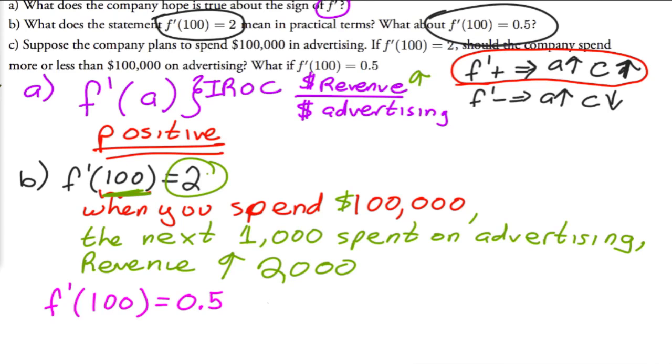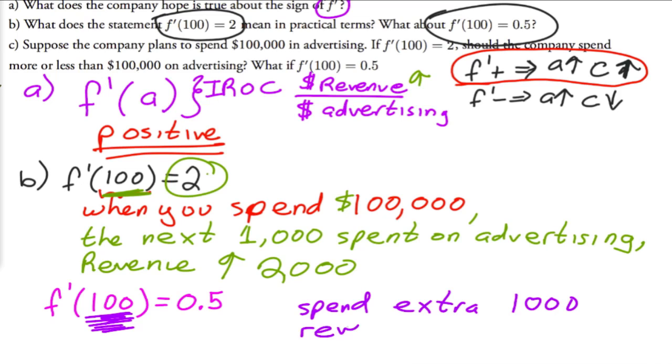But actually, this is not a good thing, because what this is saying is exactly at the instant when you've spent $100,000, if you spend an extra $1,000, so if you increase this one by 1, your revenue is going up, but it's going up by 0.5, or in other words, $500.